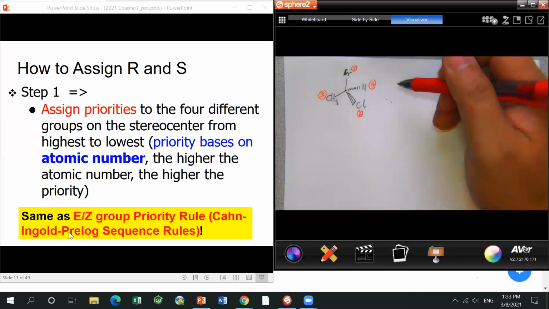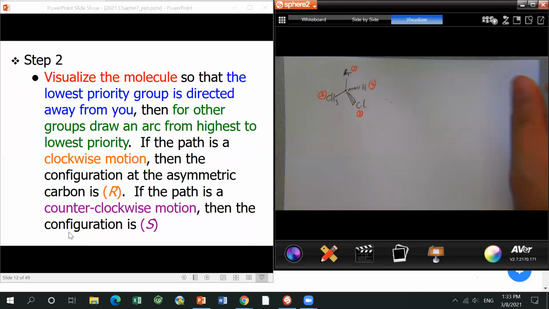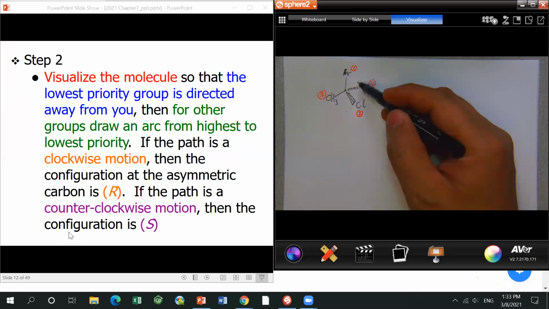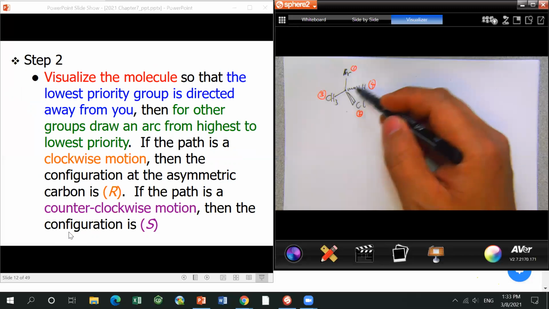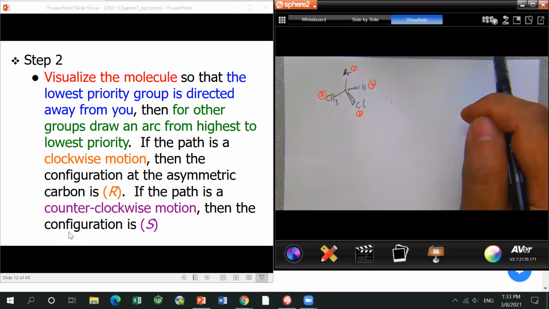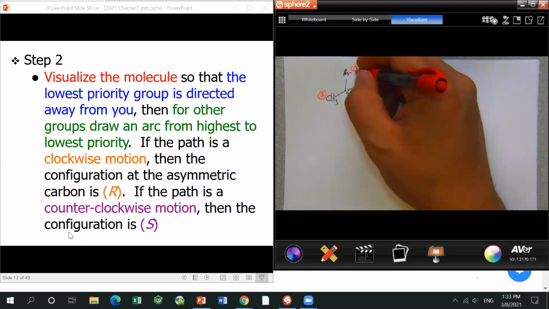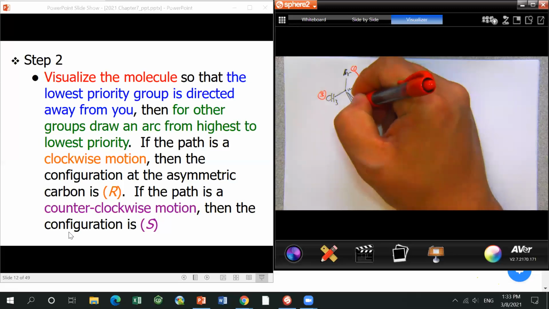Then the second step. Try to visualize this molecule and put the lowest priority group pointing away from you. Then draw the arc from the highest one, number 1, to number 2, and then from number 2 to number 3.